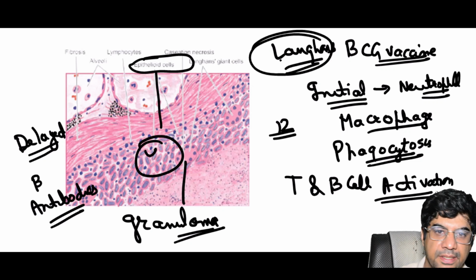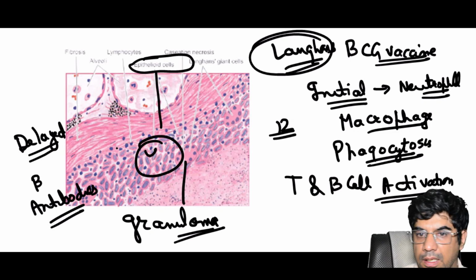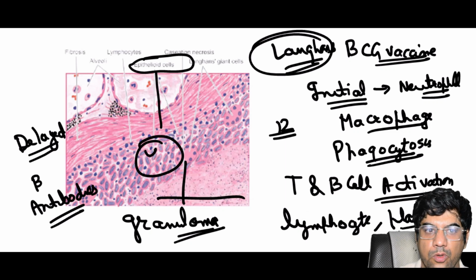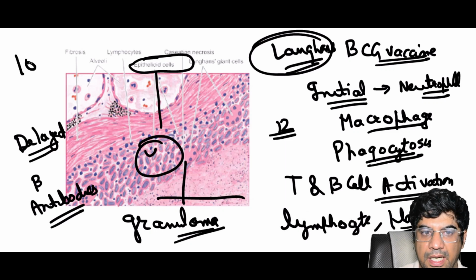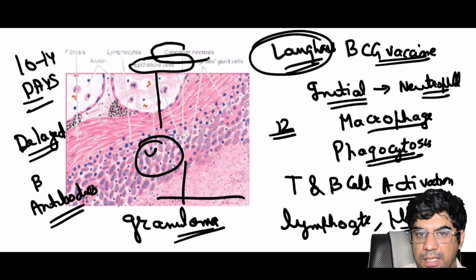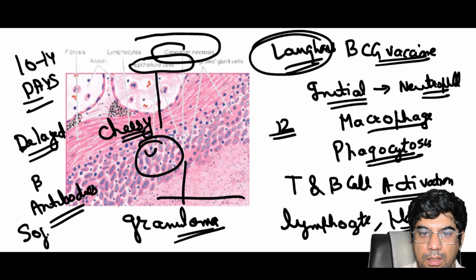The epithelioid and giant cells together form a granuloma that is surrounded by lymphocytes, plasma cells, and fibroblasts. Within 10 to 14 days, the center undergoes caseating necrosis, so it becomes cheesy and high in lipids and forms a soft tubercle.